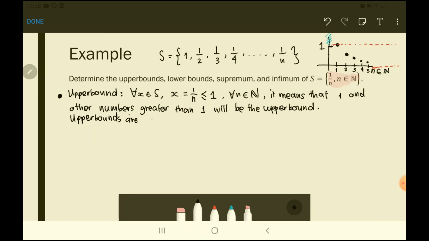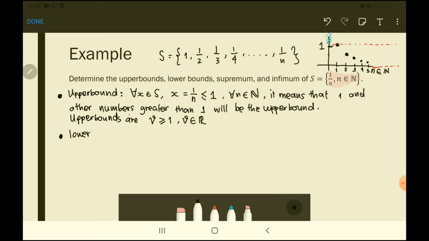So the set of phi is greater than or equal to 1, for all phi an element of the real numbers. That's the upper bound. Now the lower bound.